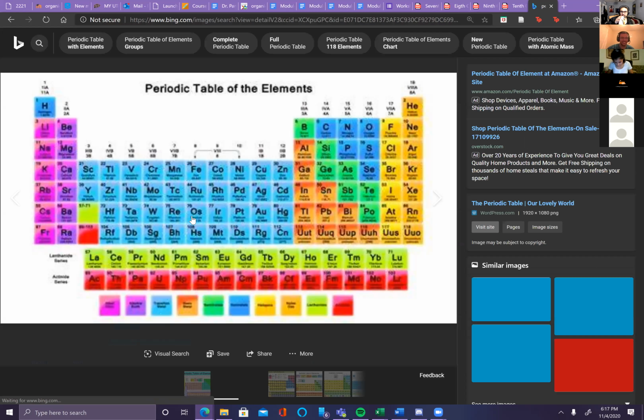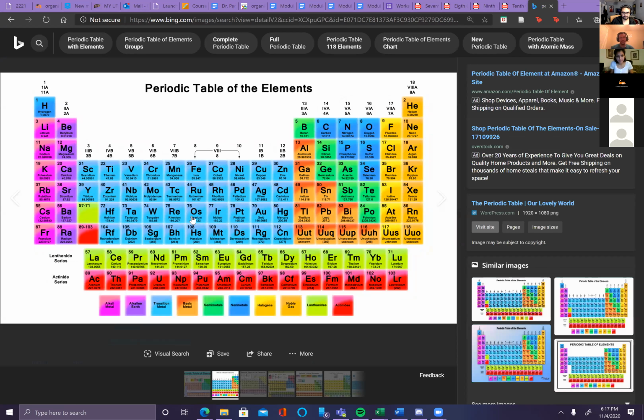Okay, so a periodic table. You guys see these things all the time, right? For electron configuration, there are a few things we need to take into consideration. The first thing is the rows.